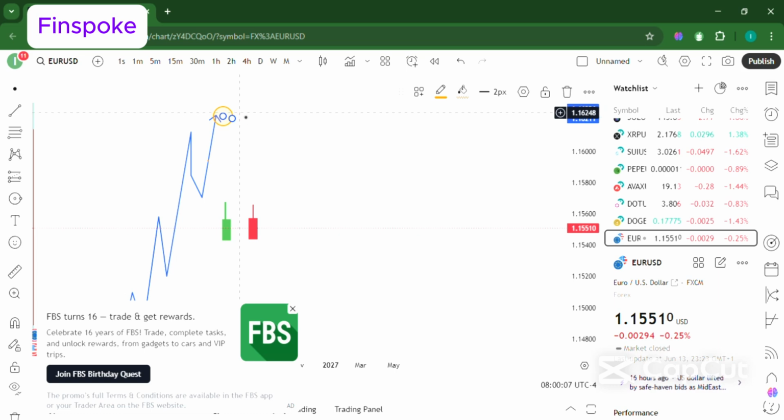But if it appears here, bearish, just like this, the message it is communicating to you is that reversal already started.